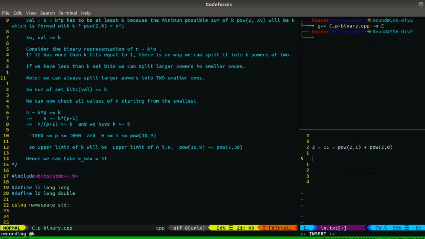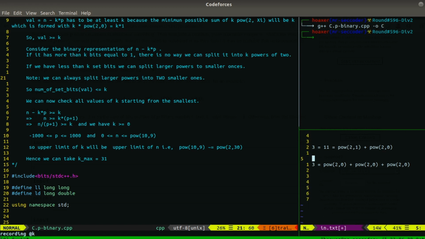How can this be possible? Because this larger power can be split into two smaller powers. The same 3 can be formed as 2 power 0 plus 2 power 0 plus 2 power 0, because the larger power 2 power 1 is split into 2 power 0 plus 2 power 0, because in the final representation a higher power is a multiple of 2 into the lower power, right?